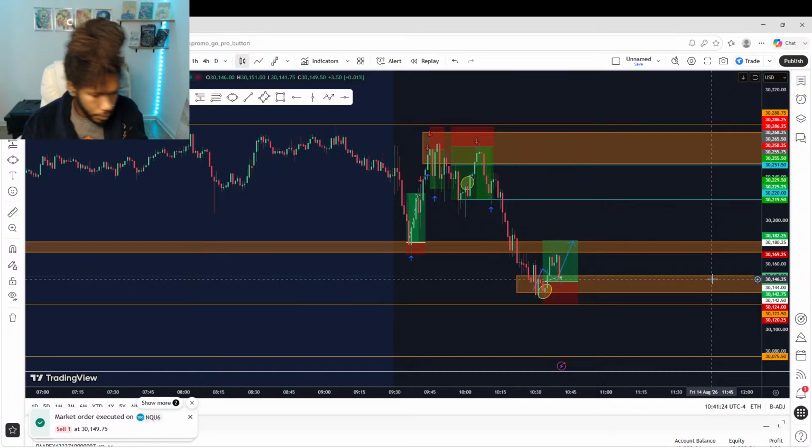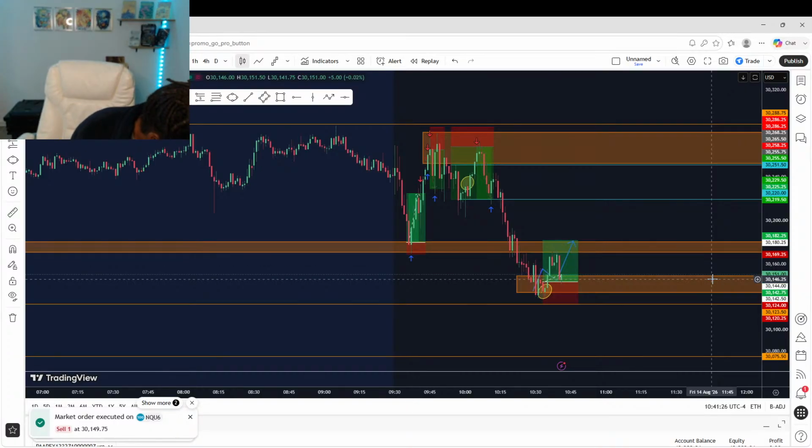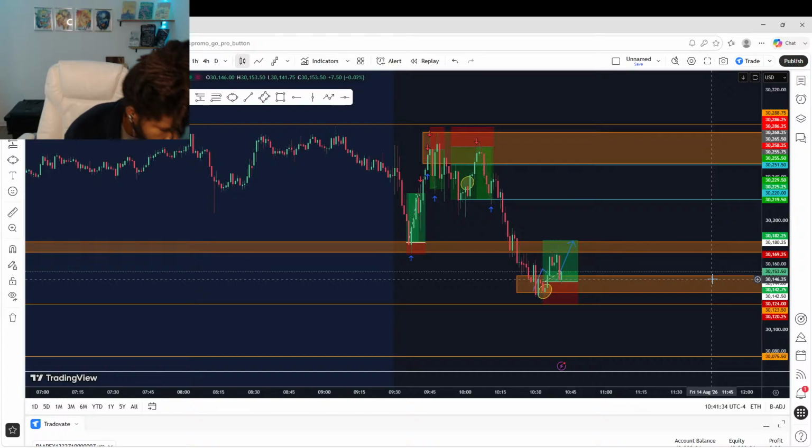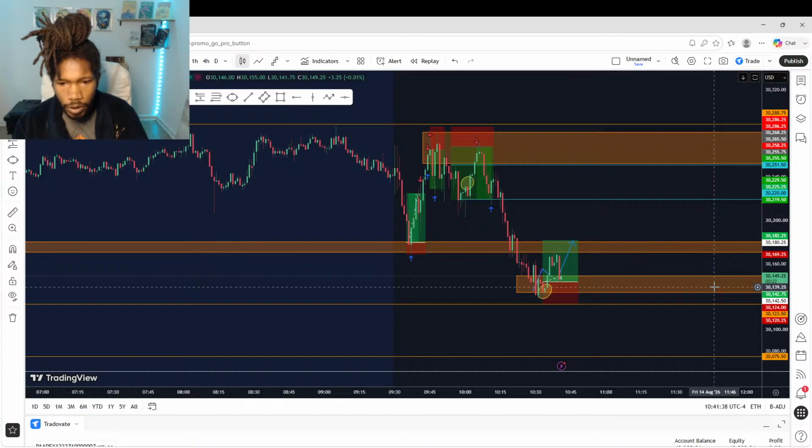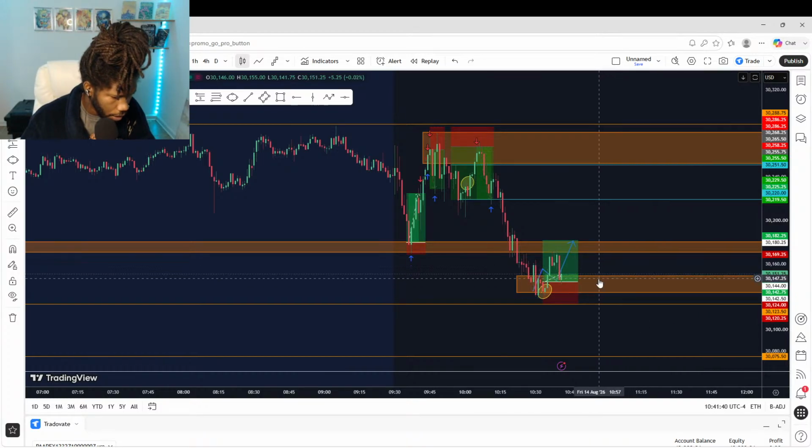I didn't like that entry. I pulled out. My terminal was kind of goofy. And of course, price is about to push off of that level. Yeah, my terminal was acting a little glitchy, and it entered me late.